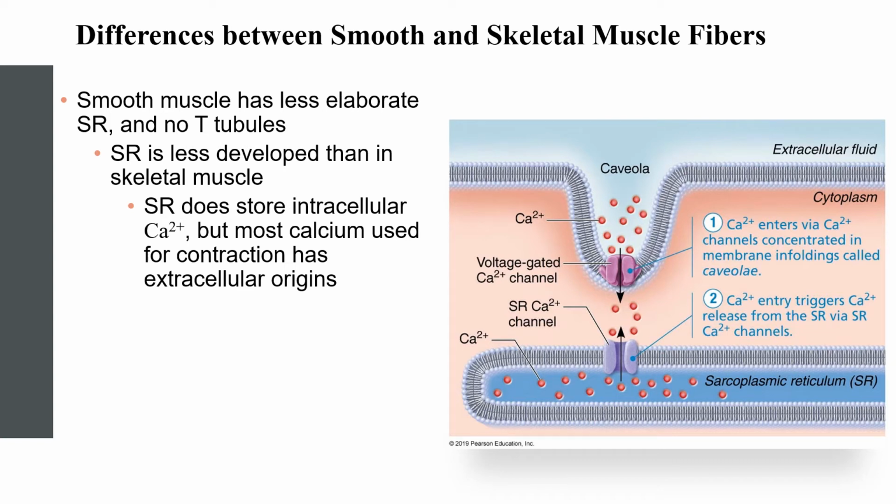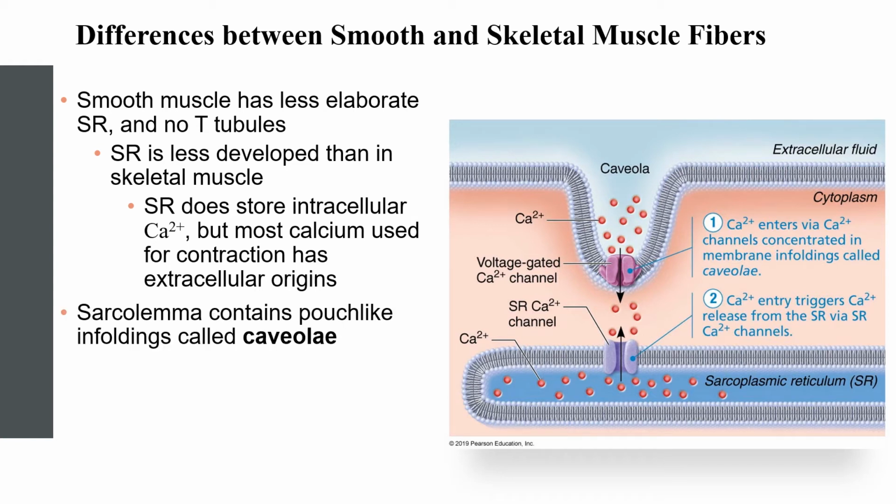Much of the calcium that is going to be used for contractions actually is going to come from outside of the cell. So yes, there is calcium inside the sarcoplasmic reticulum, and it will release calcium, but there also is going to be calcium that enters via other voltage-gated calcium channels from the extracellular fluid.